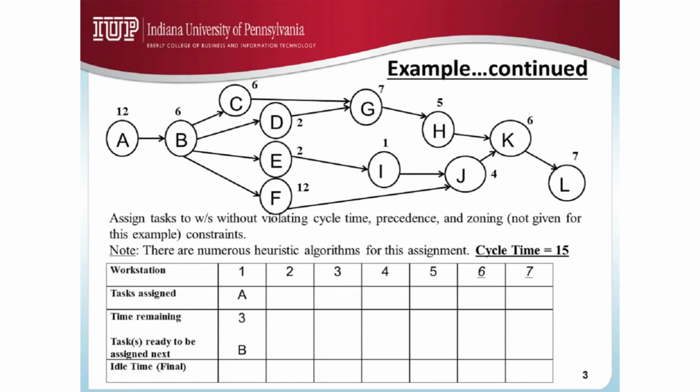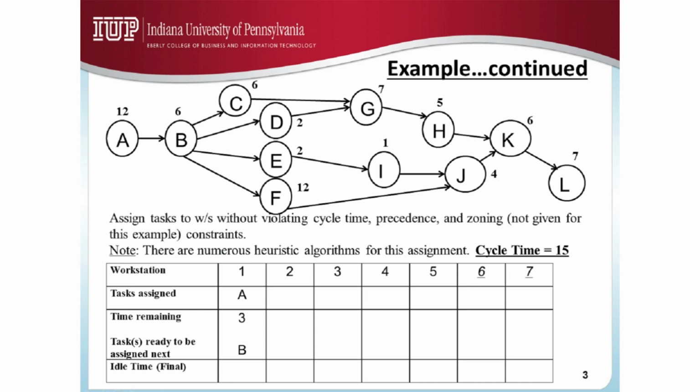Look at this simple setup that I have created here. I have created a table where you have workstations 1, 2, 3, 4, 5. And remember, the theoretical number of workstations was 5, but I'm adding 6 and 7 just in case. We will see if we will need those extra workstations 6 and 7.